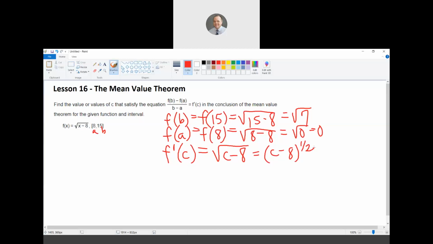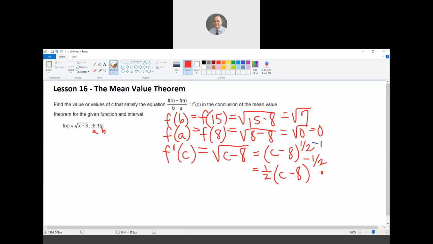Well, we got to find f prime of c, so we got to take the derivative. Using first the power rule, we'll move the 1/2 to the front, bring down our c minus 8, and to finish up the power rule, we subtract 1 from the 1/2, and that gives us negative 1/2.